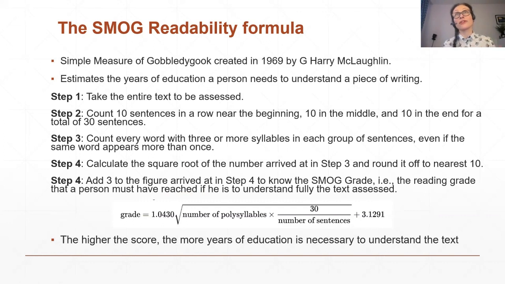What is it about? So basically, they gave a text to some group of people, and after they read the text, they gave a test, and they considered it readable when 50% of the group answered 50% of the questions correctly. So it's not really very accurate.